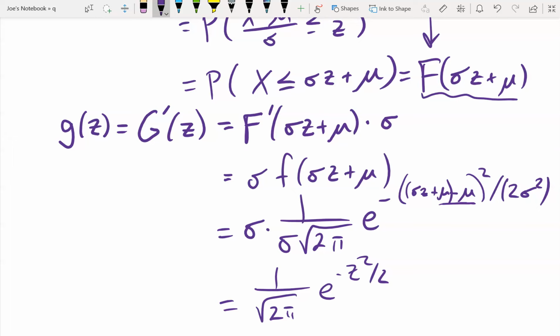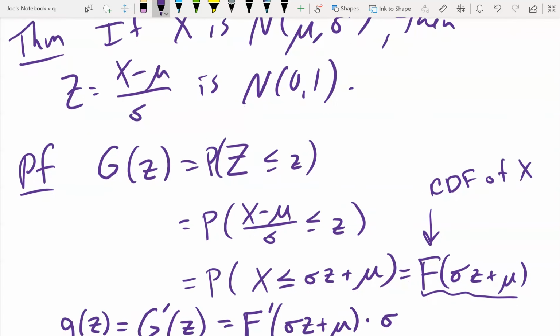Anyway, so this shows that we really do have a normal 0, 1. So this transformation of the normal random variable we started with will always convert to a normal random variable with mean 0, variance 1. This is why, if you've seen any statistics in any other class, anytime you have a problem that involves a normal distribution, the first thing you do is calculate z-scores.